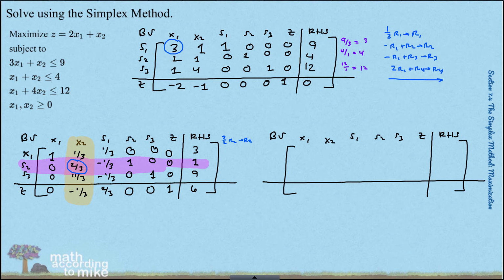And assuming it's a 1, we'll do -1/3 row 2 plus row 1. We'll do -11/3 row 2 plus row 3. I'm getting squishy there. And we'll do +1/3 row 2 plus row 4. Try it, pause the video.